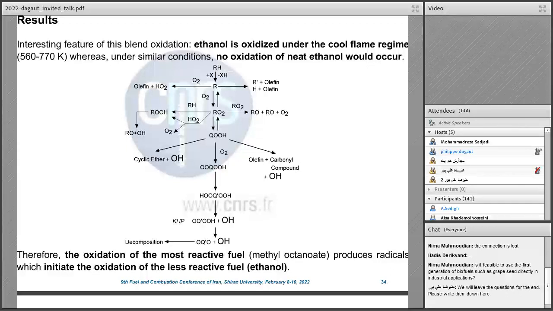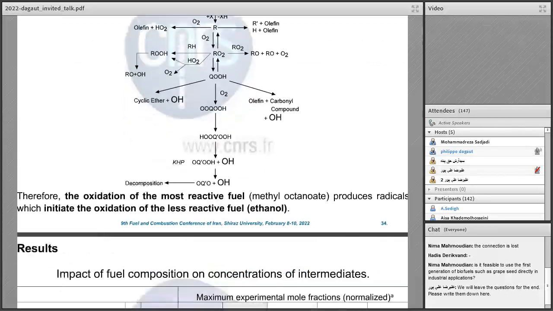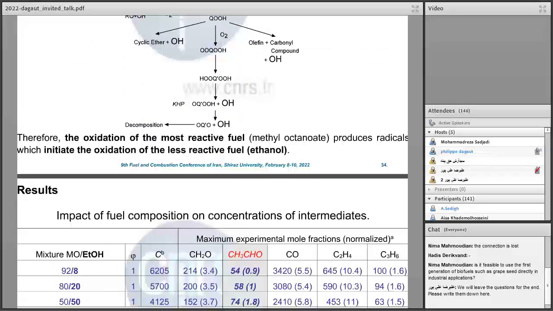In every system where there is one reactant which is much more reactive than the others, the radicals produced through the oxidation of the most reactive component will feed the oxidation of the less reactive component. We could argue that it's the same when you compare natural gas, which has higher hydrocarbons, alkanes, in its composition, compared to pure methane.